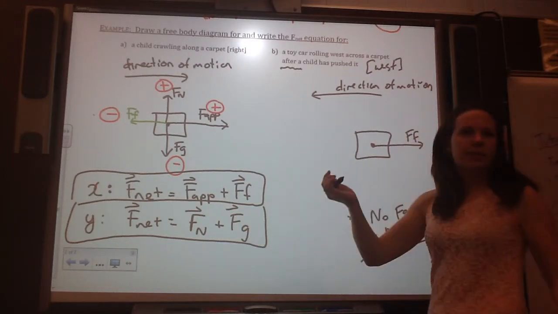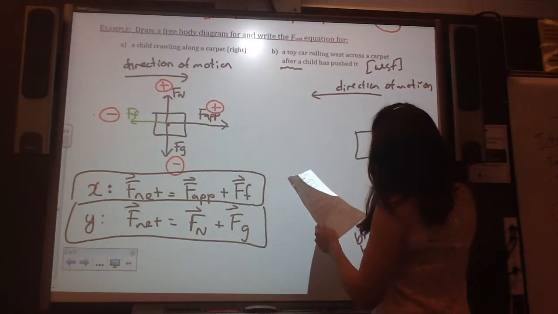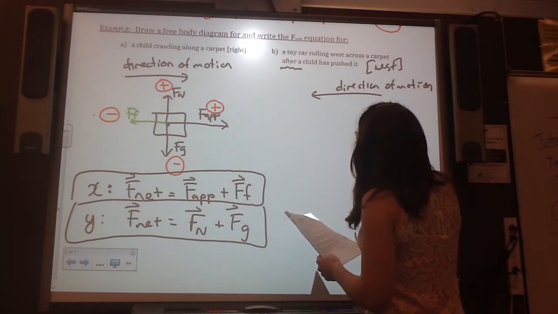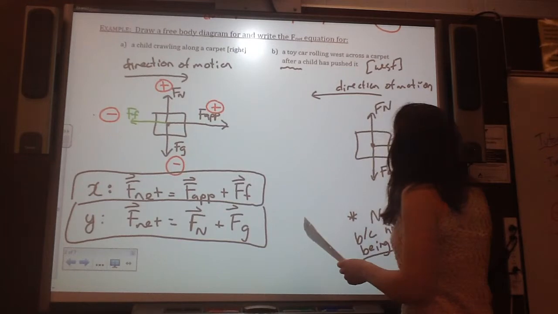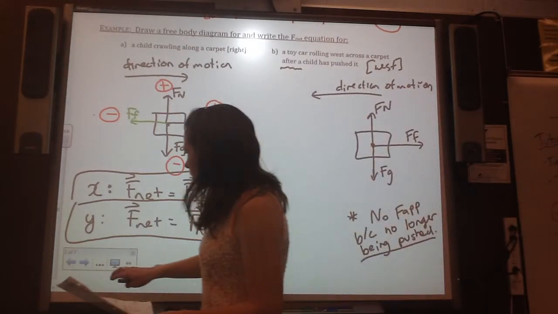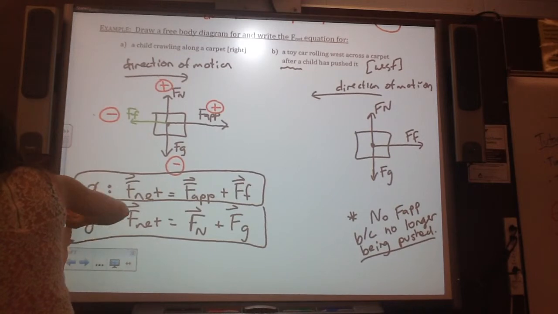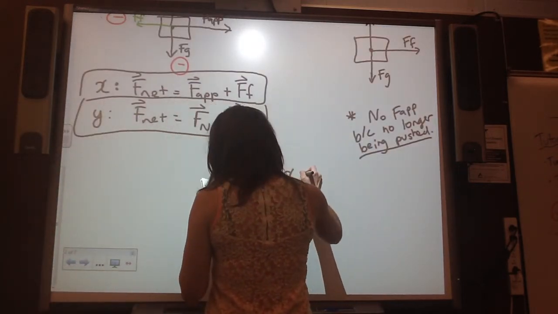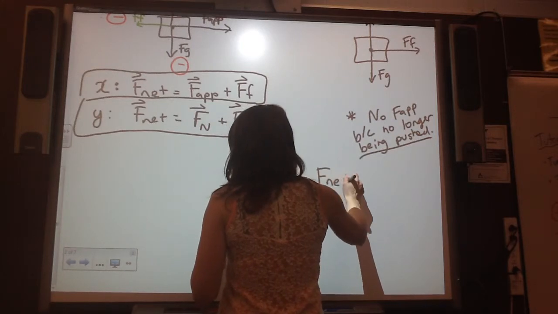I don't know exactly the magnitude, I just draw it in, guess. And then I have, again, my Fn, and my Fg should be about the same because, again, the toy is not falling or being pulled up by anything. So, in this situation, x is Fnet.